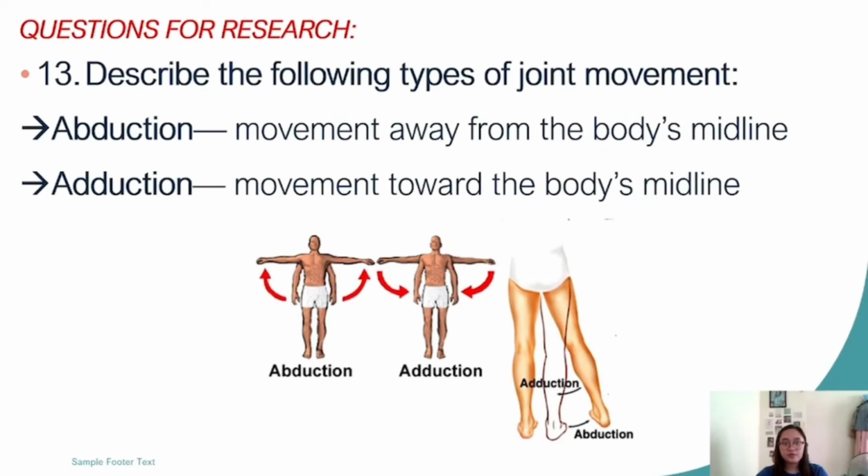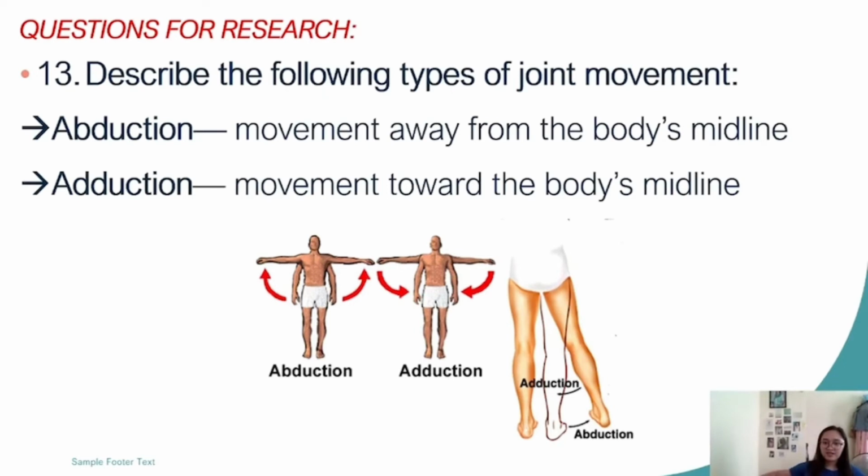Next, we will be describing the following types of joint movements. Abduction. Abduction is a movement away from the body's midline. Pag ganun po siya, pag ganun. Adduction, on the other hand, is a movement towards the body midline. Kung yung abduction po ay pag ganon, parang hindi ako kasi makaano yun.